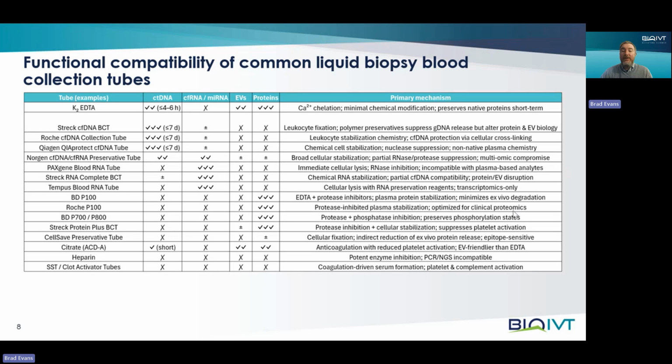Each one is engineered to protect certain analytes by chemically changing the biology of the sample. That means tube choice must be aligned with your primary analyte, and if you want multi-omics, you often need parallel tubes rather than a single compromise. Now that we've defined what different tubes actually do to the sample, we can talk about how centrifugation further shapes what ends up in the plasma.